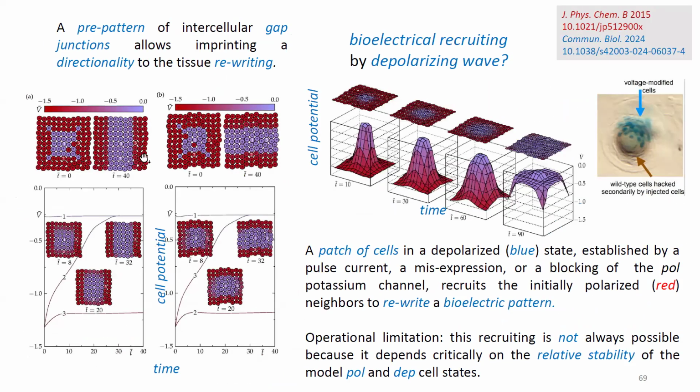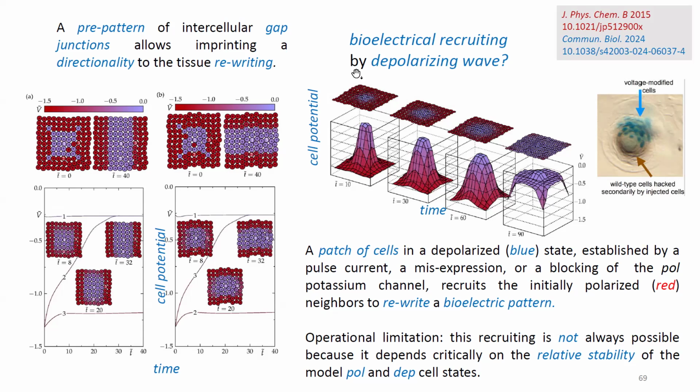Pre-patterns of different single cell states can be designed and put forward here in this model. And also depolarization waves are possible. You can in principle recruit the neighboring cells to a central patch which has been grafted or which has been modified externally.